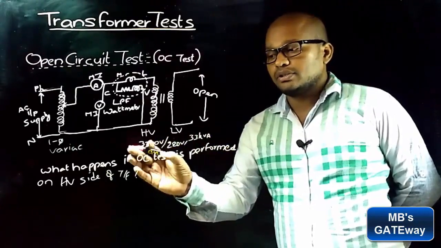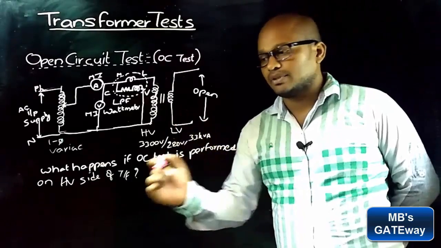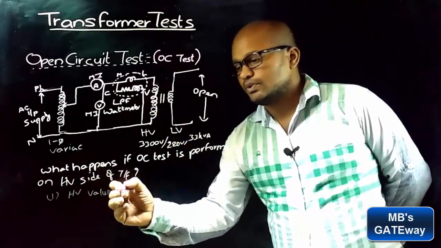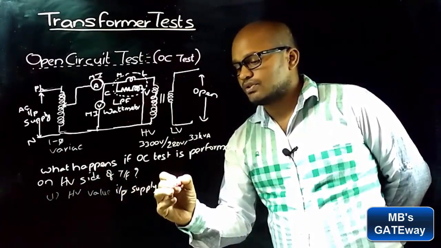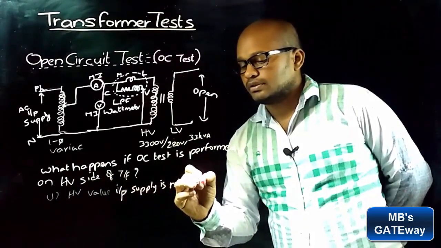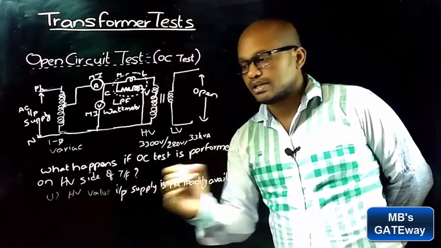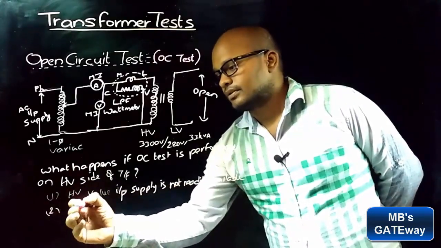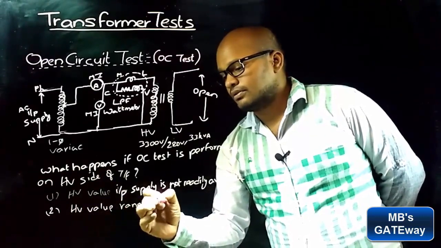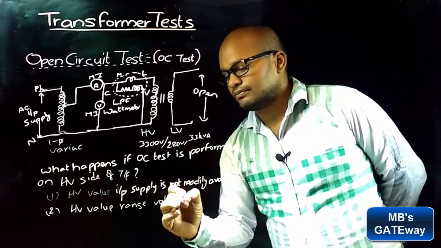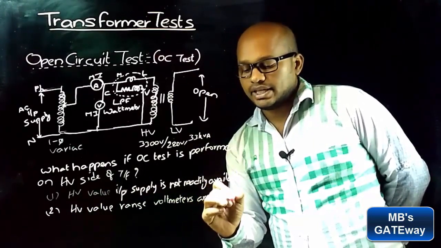Therefore, the following are the problems that we face if the test is performed on the HV side of the transformer. That is, HV value input supply is not readily available, and HV value range voltmeters are not readily available.